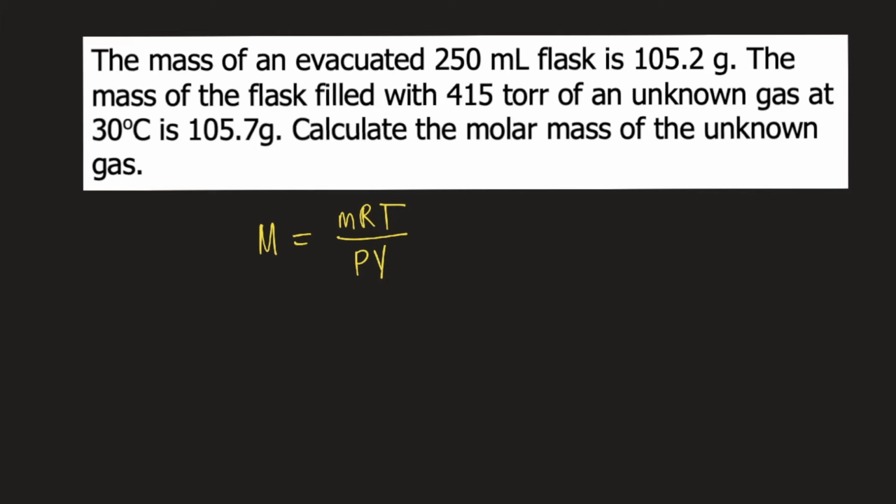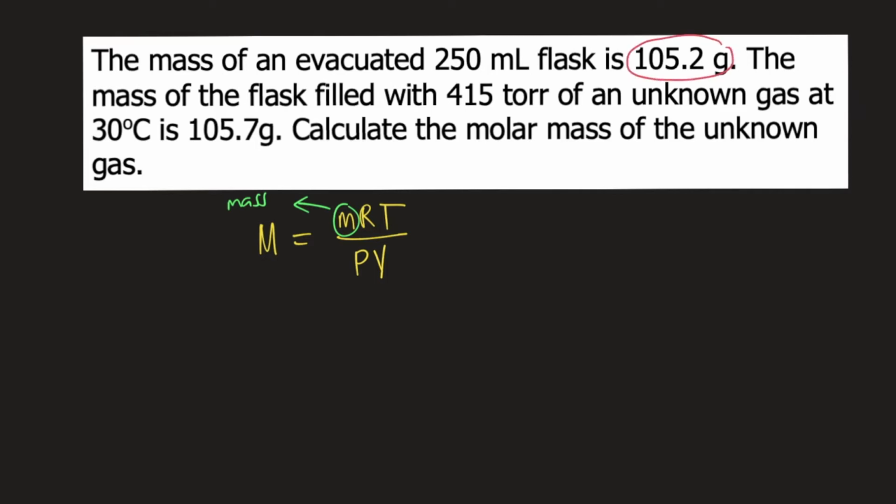Okay, so what is m in the formula? m is the mass of the gas. So how do we compute that? The problem says you have an evacuated flask that is 105.2 grams.